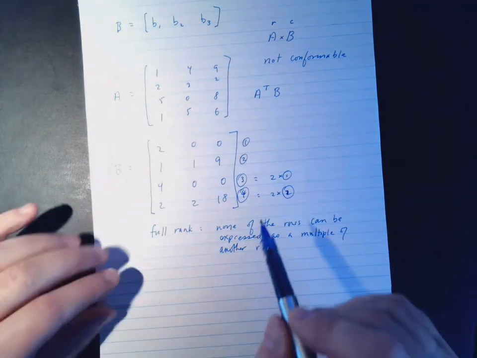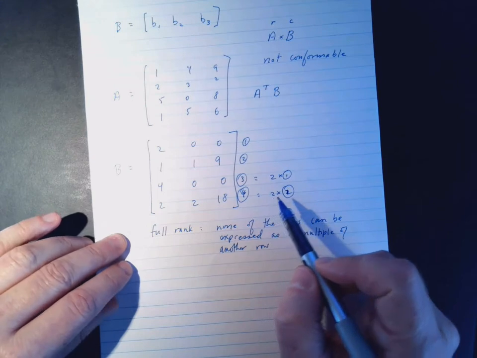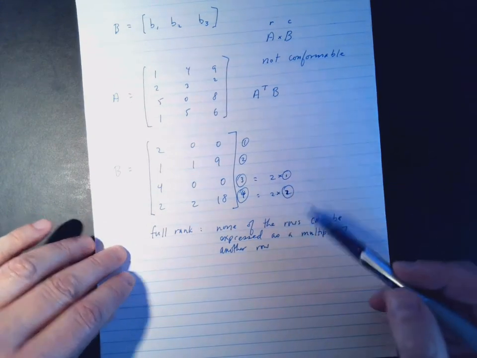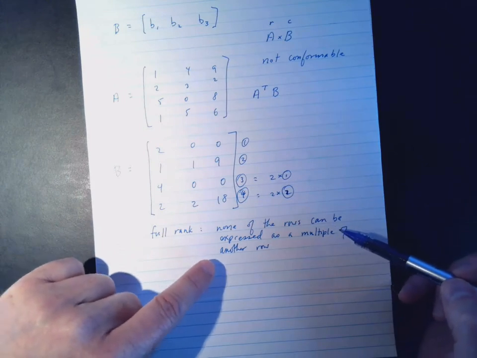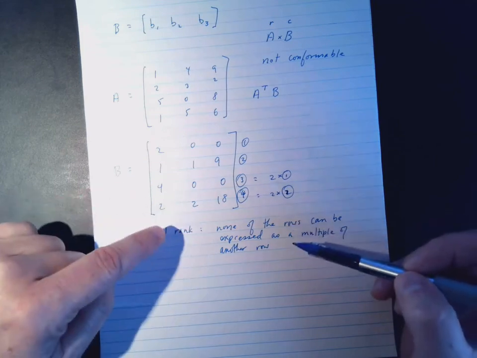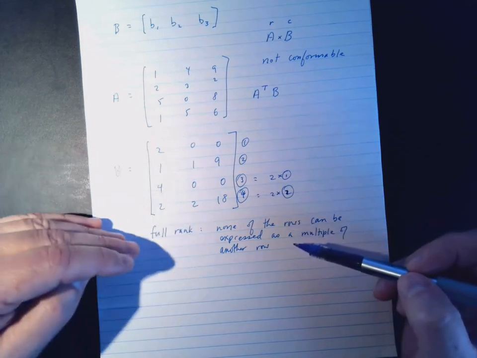It's actually a little bit more complicated than that. What it means is none of the rows can be expressed as a multiple of another row, or as a combination of multiples of any other rows.